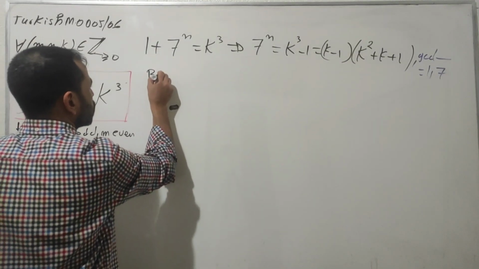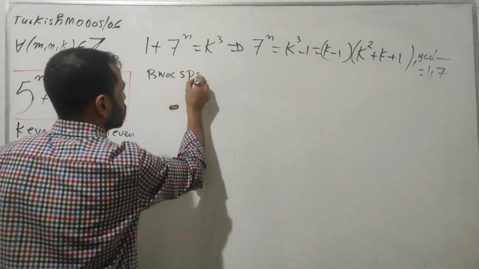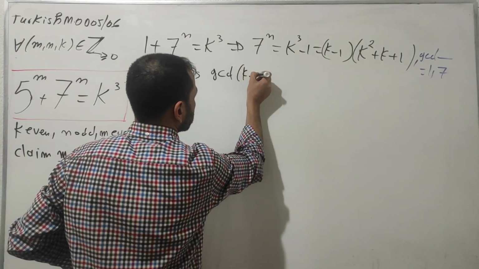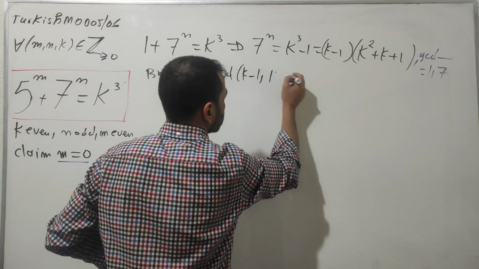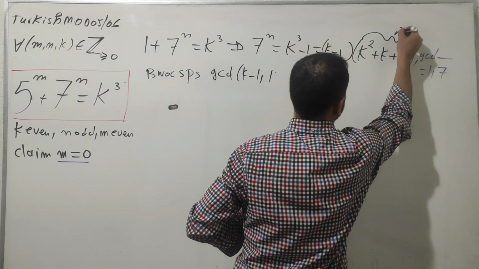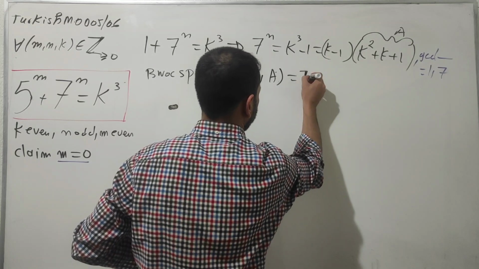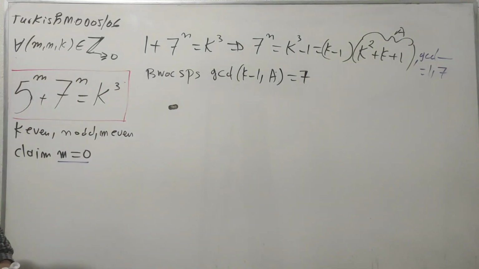By way of contradiction, suppose the GCD of k minus 1 and the other factor, let's call it capital A, equals 7.